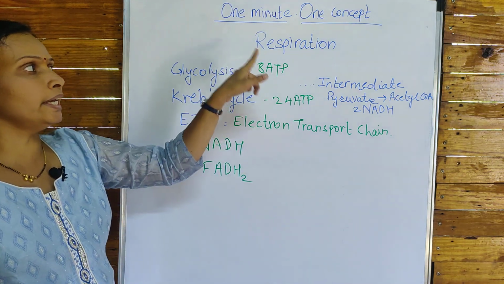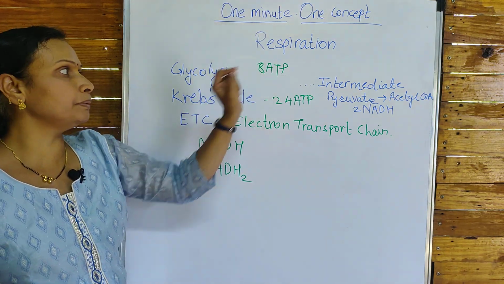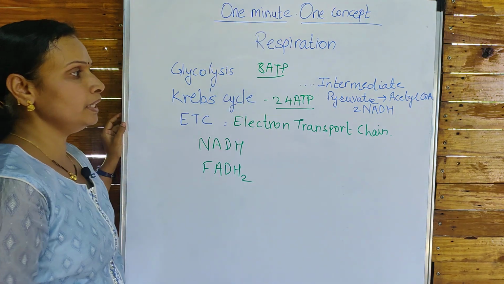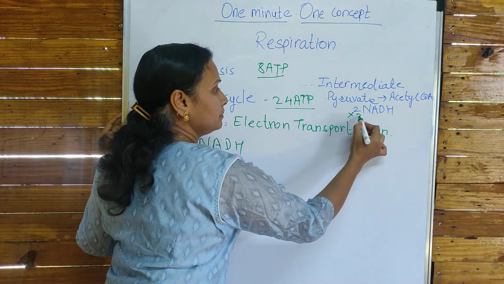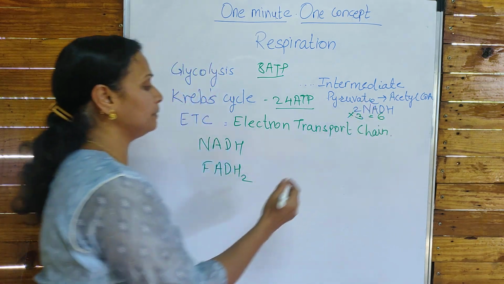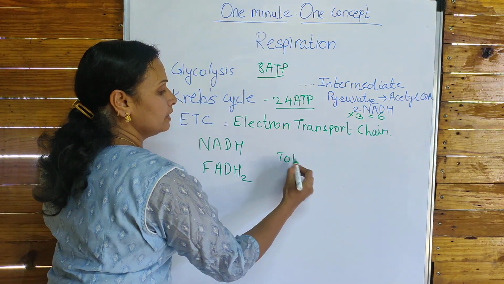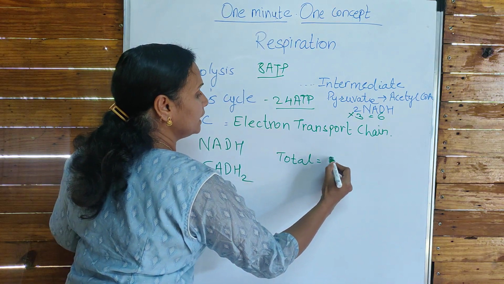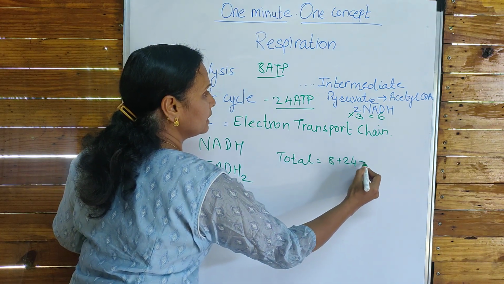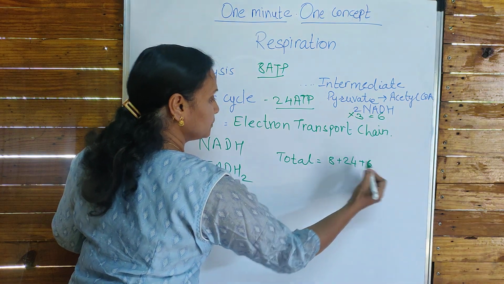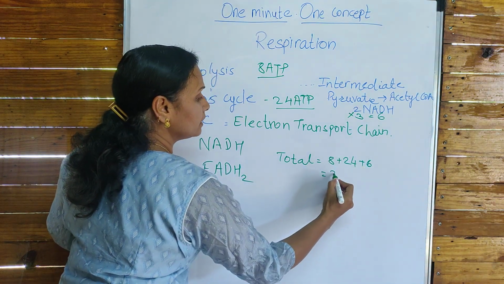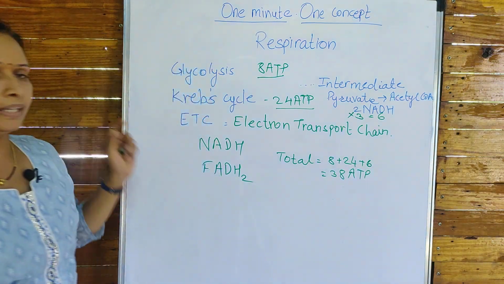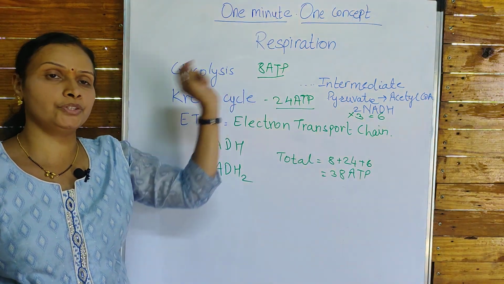So the total gain of aerobic cellular respiration is 8 plus 24 plus 6, sorry, it is 38 molecules of ATP that we are getting in cellular respiration.